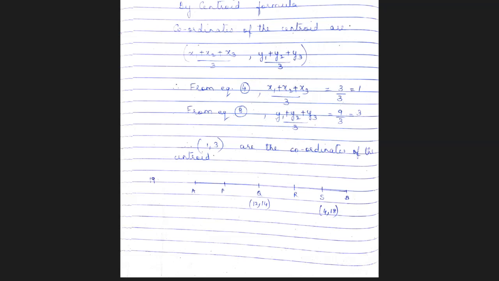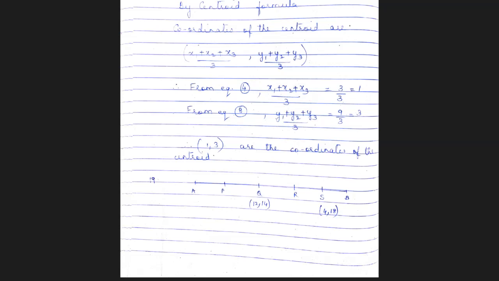I have Q and S. I can find out R. I know R and S. I can find out B. This is how you have to do that sum. Okay, so please try it out. These kind of questions were there in the second exercise. If you remember the last 3 sums, point of trisection, divided into 4 parts, divided into 5 parts. So this is exactly like that.